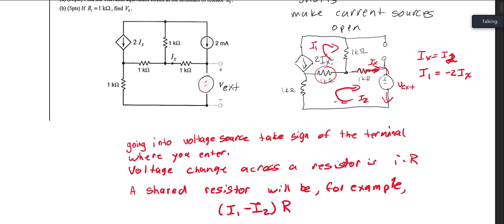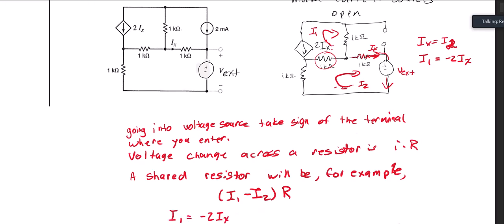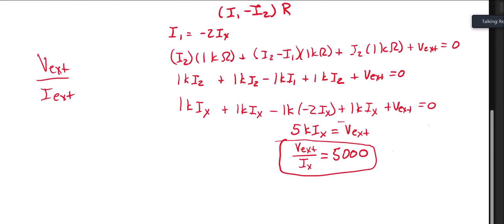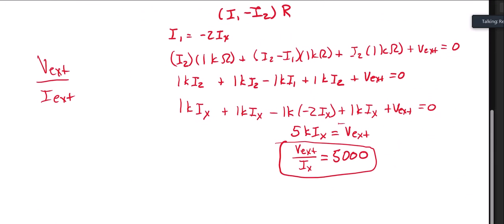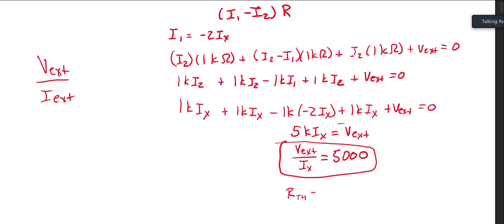Let's see what I might have done wrong. Okay, so I will figure out what the deal is, because you can't have a negative resistance, but R Thevenin is 5 kilo ohms.